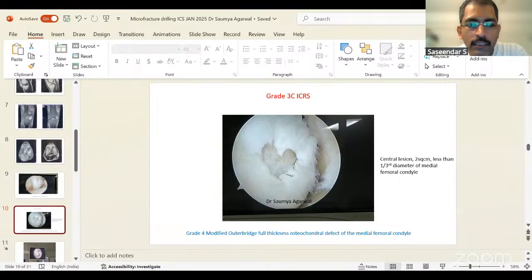The surgeon can identify it best, but there is a possibility that the whole of the cartilage has denuded or delaminated. Going forward, yes, the patient requires some kind of reconstruction of the cartilage, no doubts about it. It will depend on the size of the lesion. Do we have more idea on the whole size of the lesion?